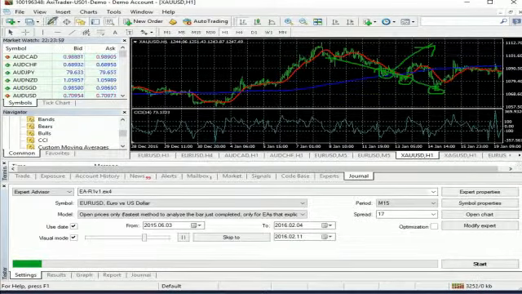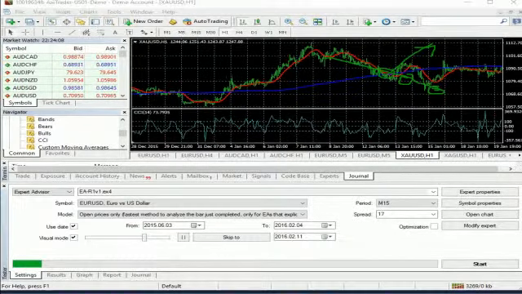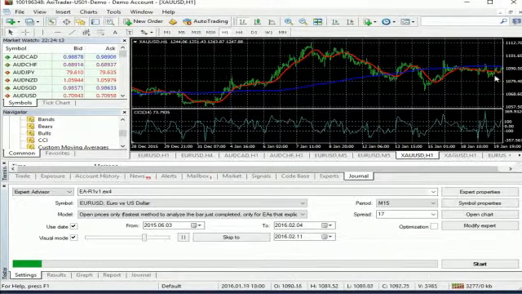But the main difference between pullback trend systems and moving average trend systems is the ratio, and many people don't know that. The ratio is completely different. In pullback systems, we have a much longer stop loss.